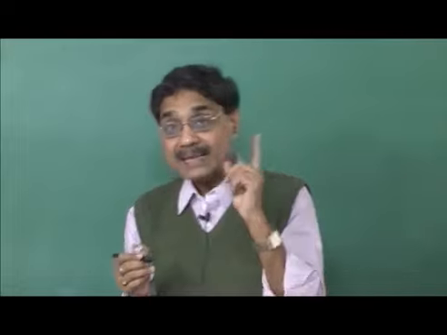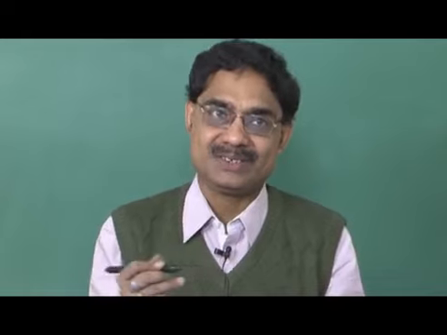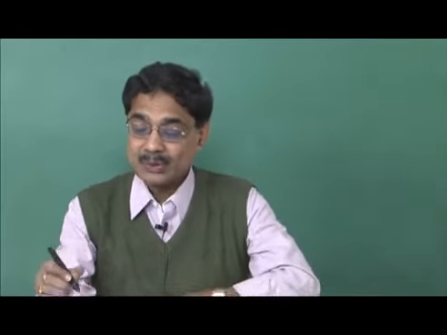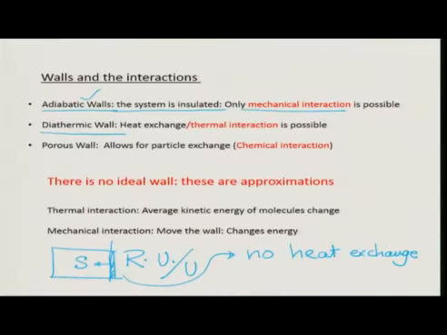Okay. Diathermic wall on the other hand, it allows for heat exchange. Okay. So, there is mechanical interaction in the case of adiabatic wall which is possible, and then in the diathermic wall there is a thermal interaction possible, that means there is heat exchange, also mechanical interaction is not stopped.